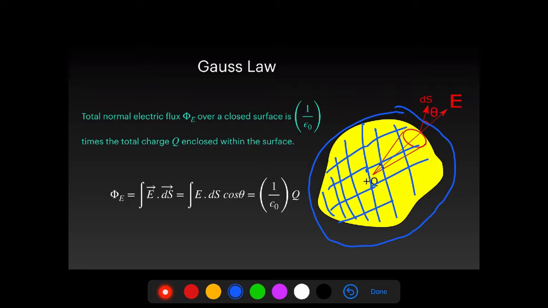If we integrate everything, then we will get the total flux enclosed by it.